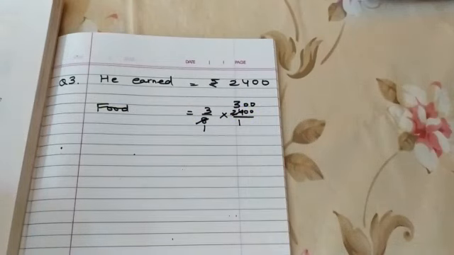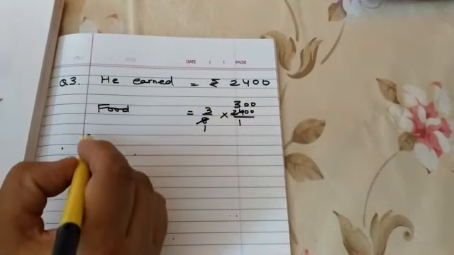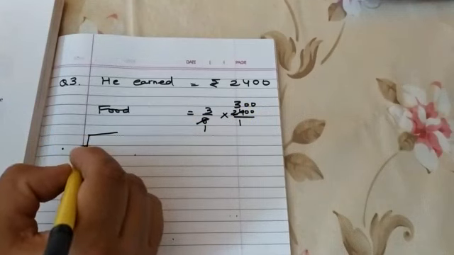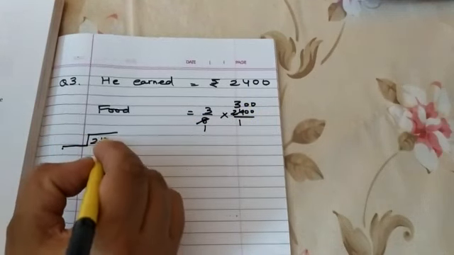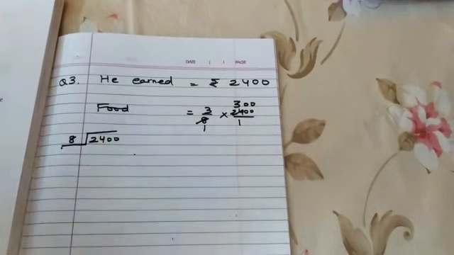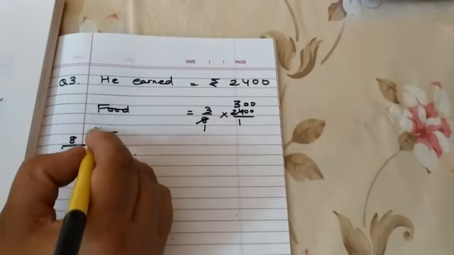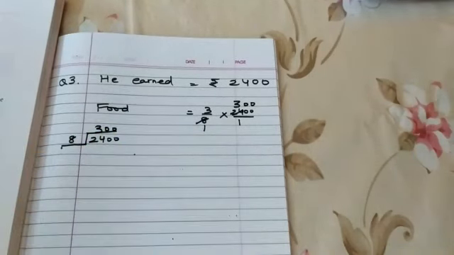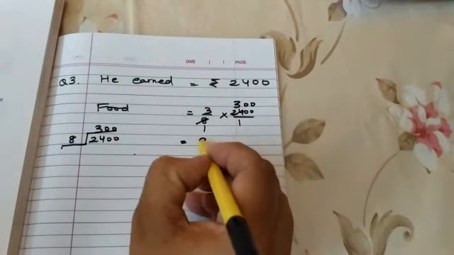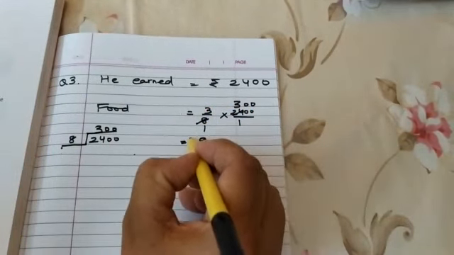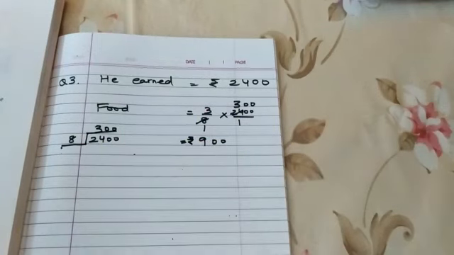If you don't understand that way, you can do it like this. 2400 divided by 8, you will get 300. And that you multiply with the numerator. 3 threes are 9. So rupees 900 is spent on food.